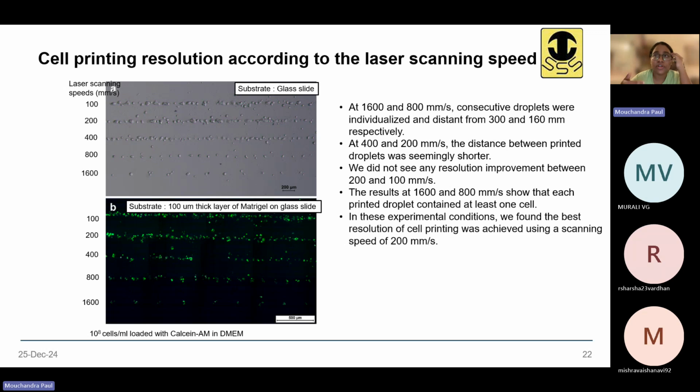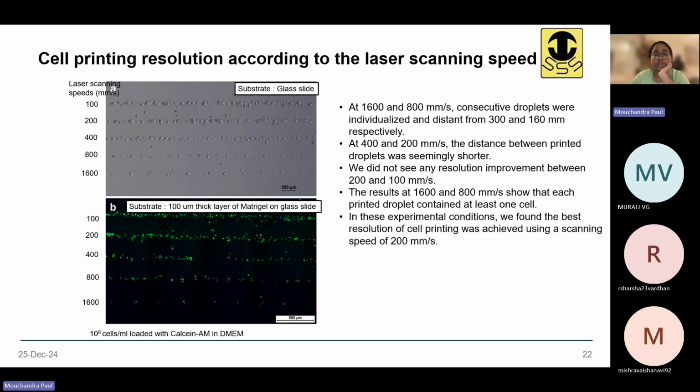More and more of the laser is getting incident over more points on the ribbon, because the scanning speed of the mirror is quite less, right? So more photons will get reflected, more points on the ribbon will get the incident beam, and then you will get more droplets.